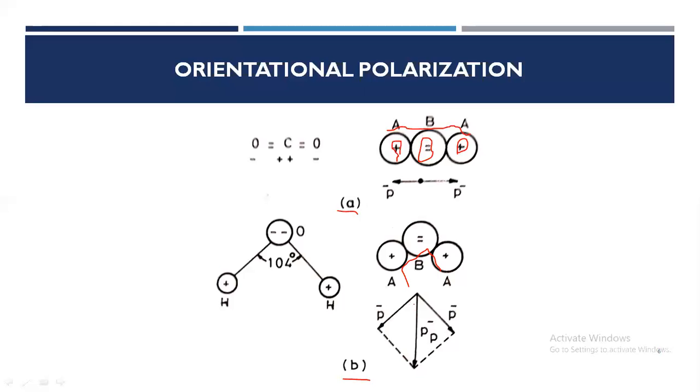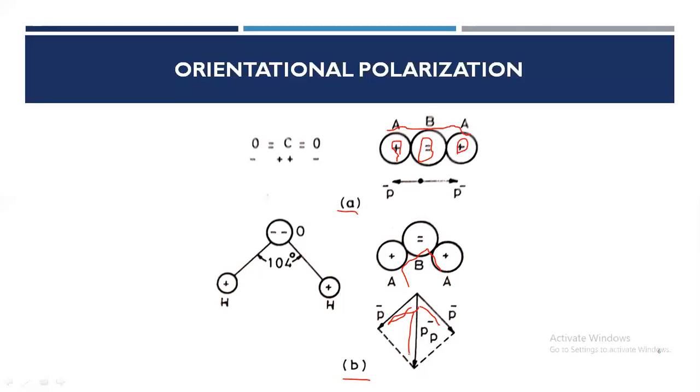Here you can see the positive charges and the negative charge combined give a resultant. CO2, carbon dioxide, is an example of the first case, and H2O is an example of the second case.